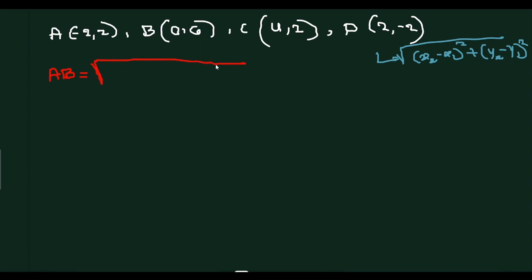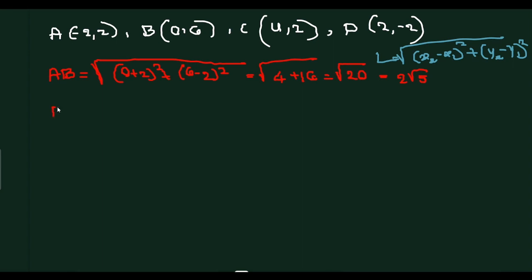AB is equal to under root of 0 minus of minus 2 whole square plus 6 minus 2 whole square. Okay, so 2 square is 4, plus 4 square is 16, that is 20. Either we can write it as 4 into 5, so 2 root 5 we can write.